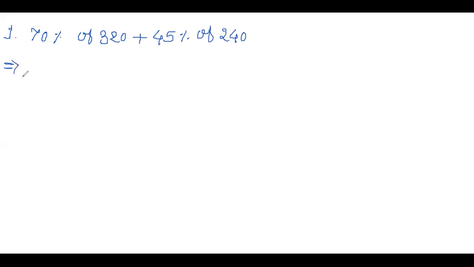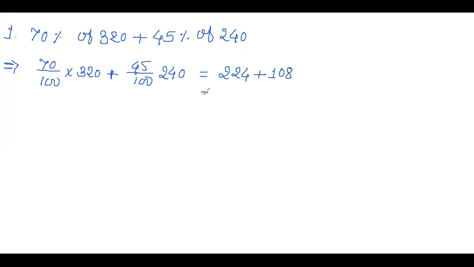By using the simple method, 70% of 320 is 70 divided by 100 into 320, plus 45 divided by 100 of 240, which is equal to 7 into 32 and 45 by 10 means 12 into 9. So it is 224 plus 108, which gives 332.